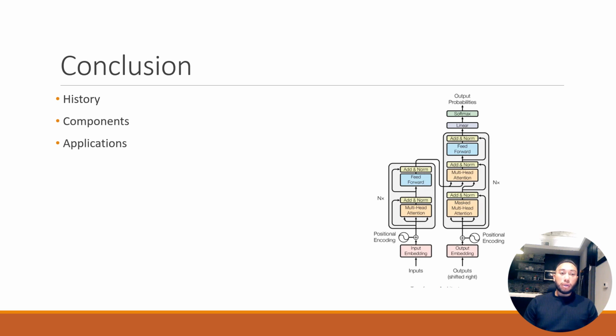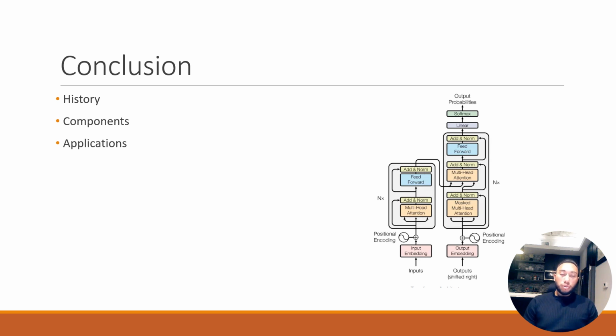We spoke a little bit about the components and the different breakdowns and where they find themselves along the path. And then finally, we spoke a little bit about the applications of the transformers and where they're currently being used.